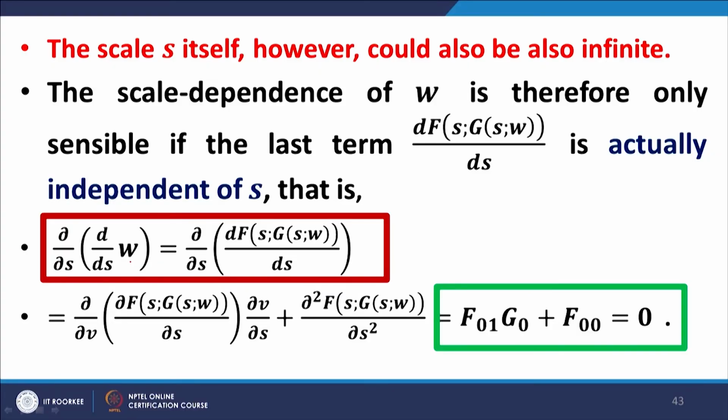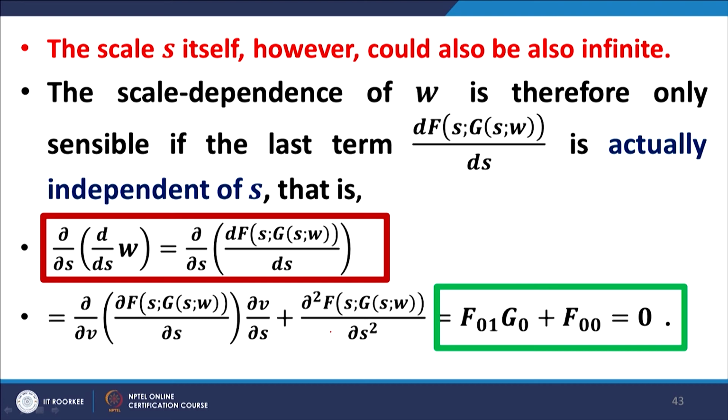Now, if you simplify this expression, what we get is f01 g0 plus f00 is equal to 0. These are quite obvious, straightforward steps in simplification, simply expanding the total derivative.